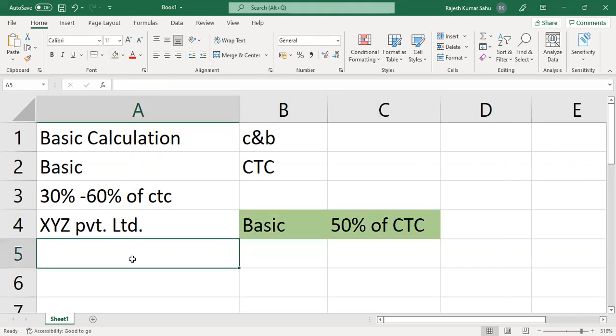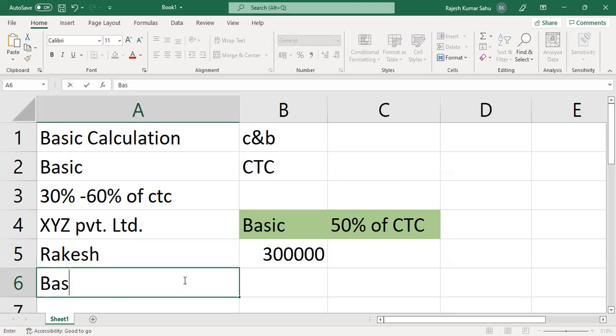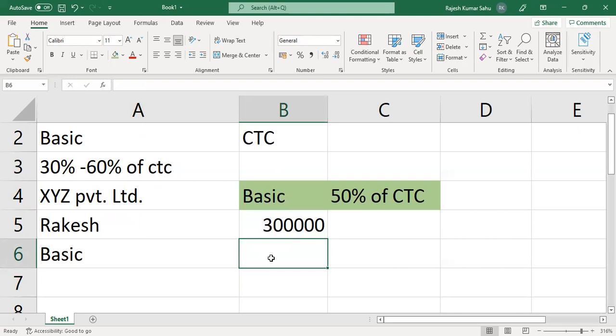Let's take an example. One employee working over there is named Rakesh, whose CTC amount is 3 lakh. So whenever we are calculating the basic salary for Rakesh, what will be the process? As it's already mentioned that basic salary will be 50% of CTC, accordingly we need to calculate.